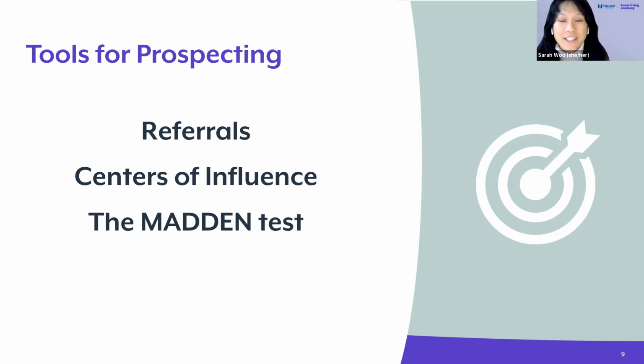All right, Jack, I do have some things in the chat and also some notes I wanted to share with you. So I love that Jack has gone over these three tools for prospecting, whether it's referrals, center of influence, or using the Madden test. We have comments in the chat about the Madden test, which I think is an impressive tool that we have here at Fundraising Academy that can help us for prospecting.